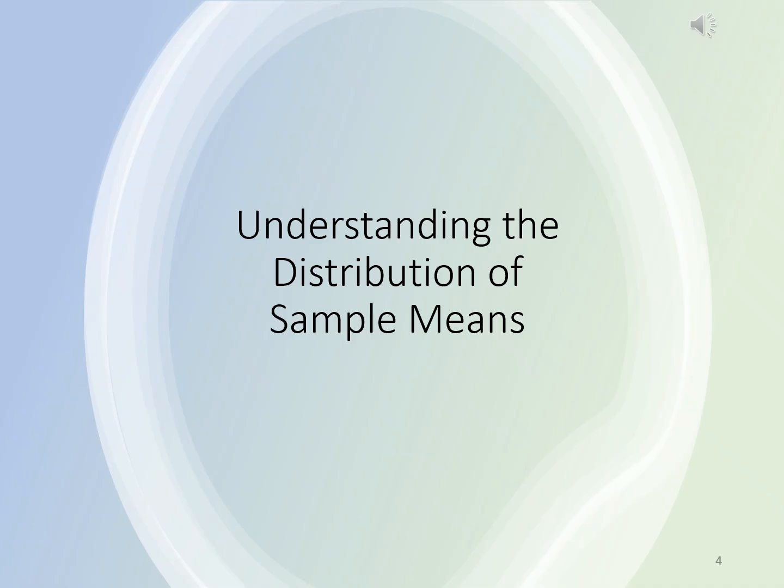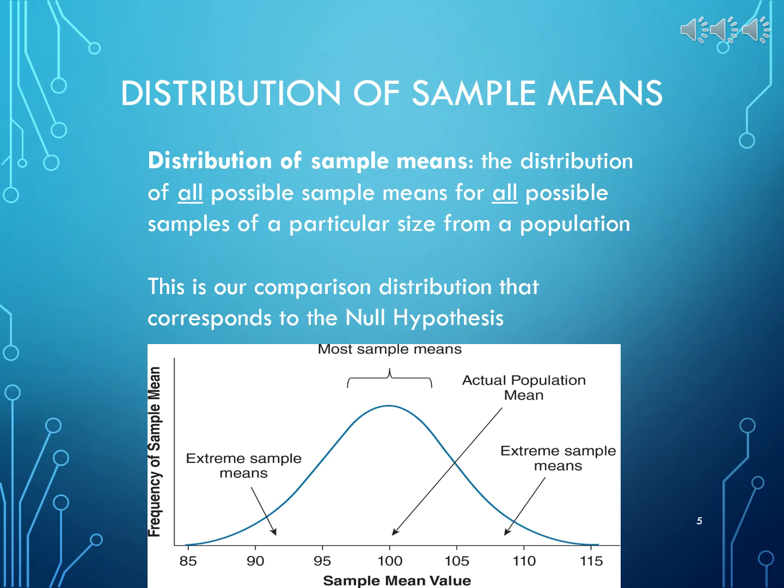It's a bit hard to wrap your head around this one, but let's give it a shot, and definitely reach out if you have any questions or if you want to learn more about it. So the distribution of sample means is another kind of theoretical distribution. It's not a real distribution, but a theoretical distribution, sort of like the standard normal curve.